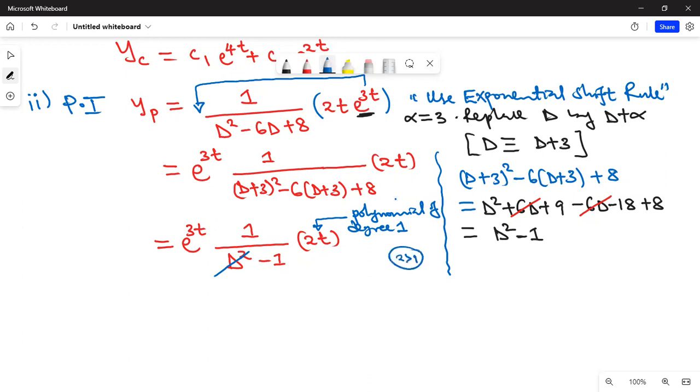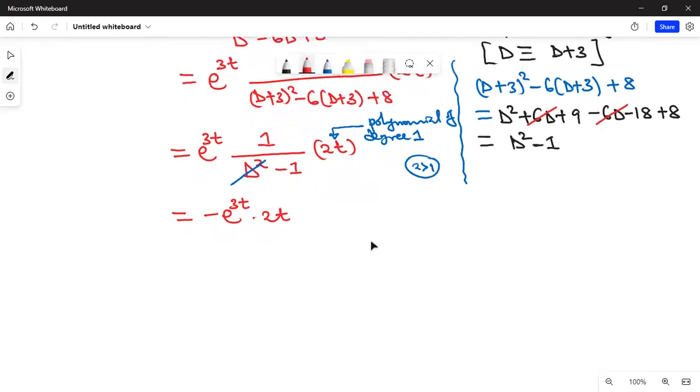So we drop the term containing d squared. So that what we have here is simply negative exponential 3t times 2t. That's our particular integral.